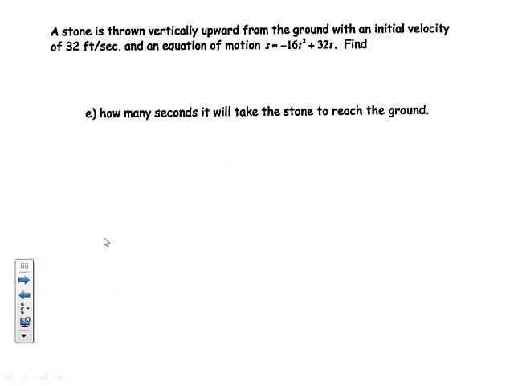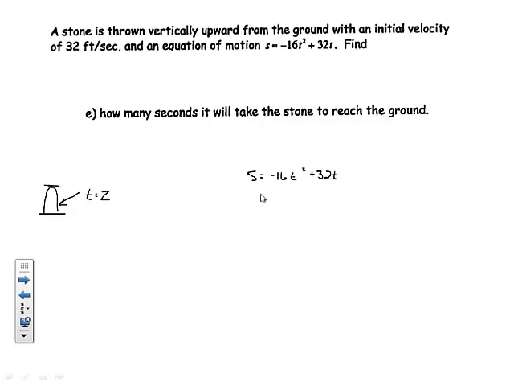How many seconds will it take the stone to reach the ground? Well, there are 2 ways. If we use the fact that we know it took 1 second to get to the top, intuitively, you know it would take 2 seconds to come back down again. An algebraic approach would be, if this formula is position, which in this case is the height, what's the height of the ground?